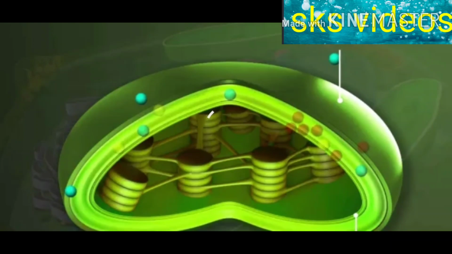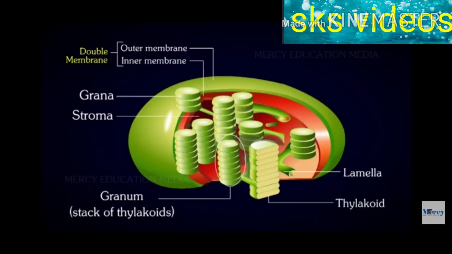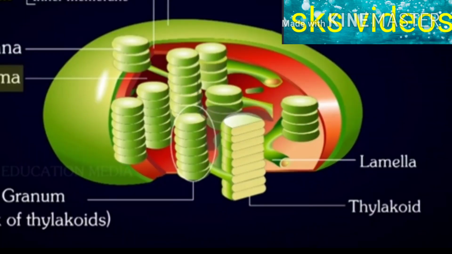Let us know the structure in detail. In addition to the inner and outer membranes of the envelope, chloroplasts have a third internal membrane system called the thylakoid membrane. Thylakoid membranes form a network of flattened discs called thylakoids, which are frequently arranged in stacks called grana.